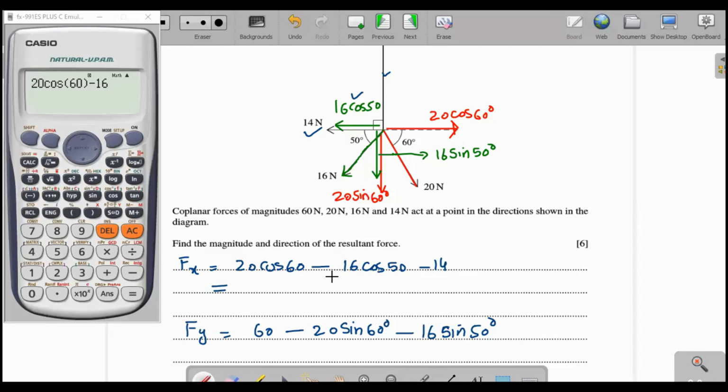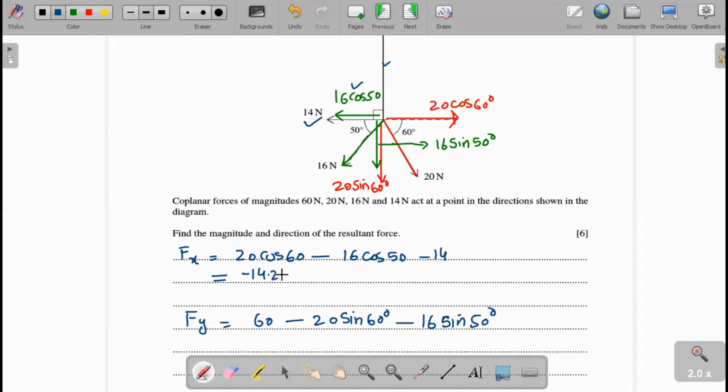Now 20 cos 60 plus 16 cos 50 degree minus 40, that value is equal to minus 14.28. Now this is the absolute value, now we can write it as 14.28.